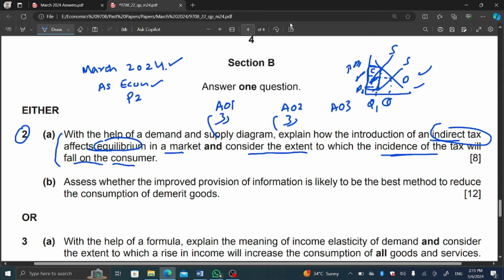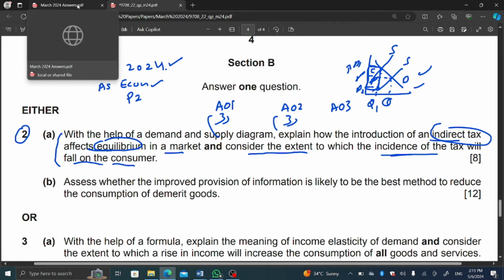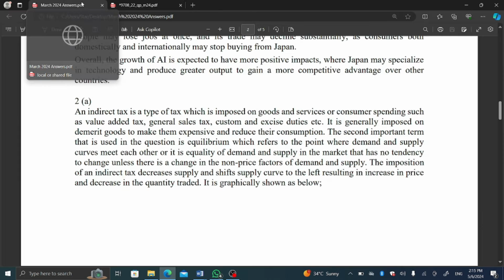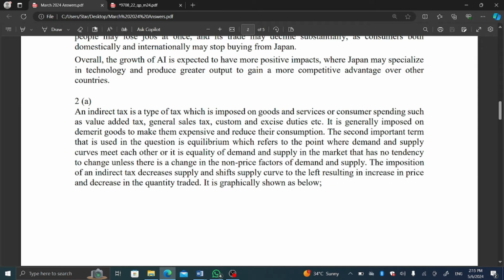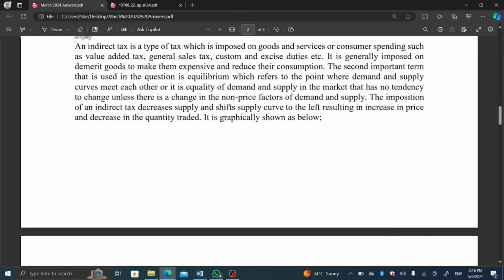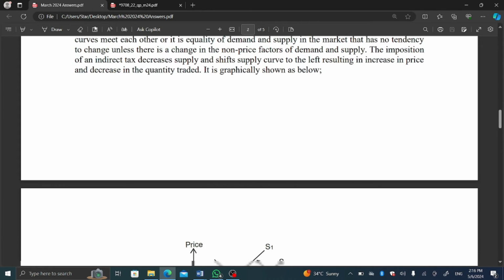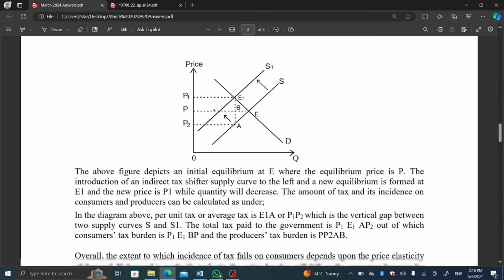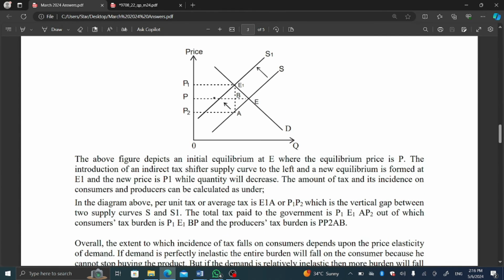So let's have a look at the answer to this question. You can read the answer thoroughly and you can take a screenshot if you wish. The answer starts from here. This is 2A. You can stop the video, read the question and the answer, or take a screenshot.